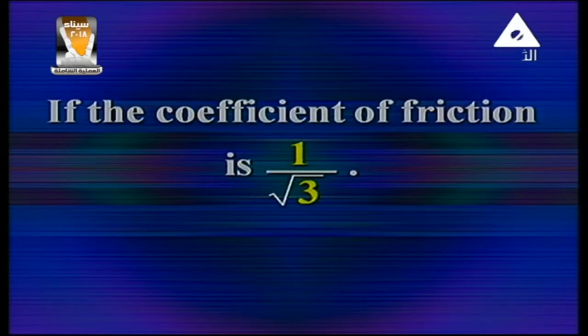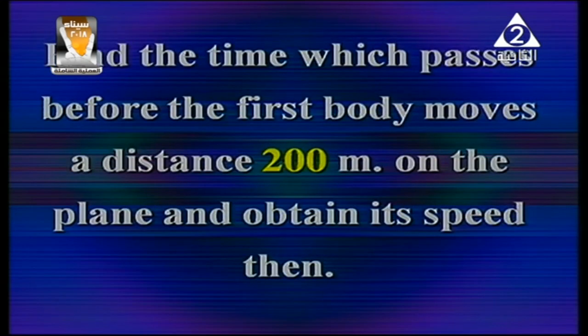If the coefficient of friction is 1/√3, find the time which passes before the first body moves a distance of 200 centimeters on the plane, and obtain its speed.